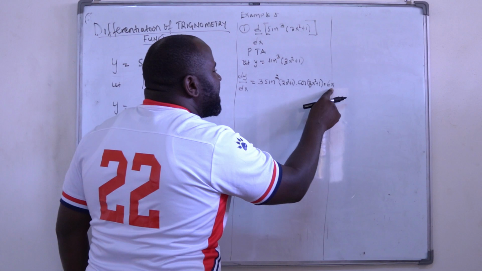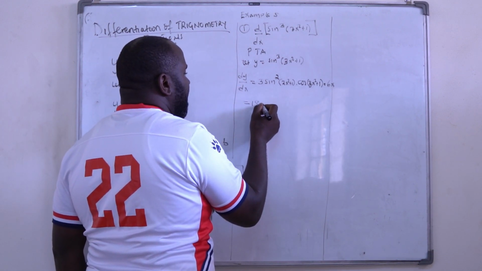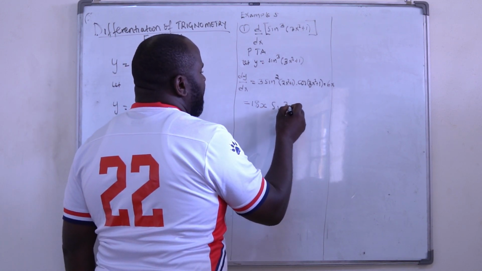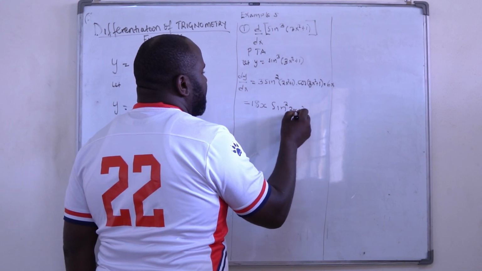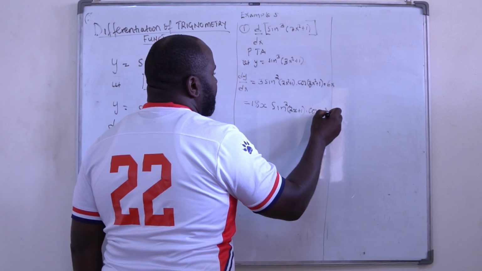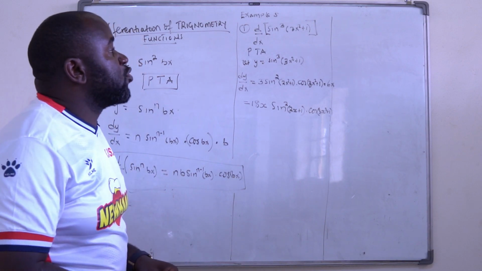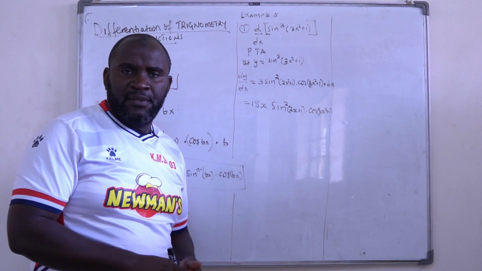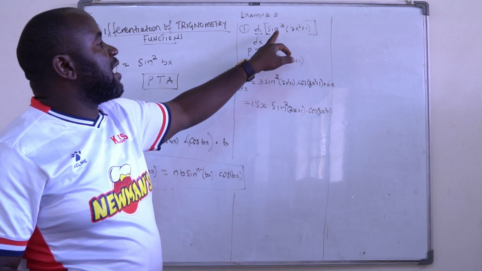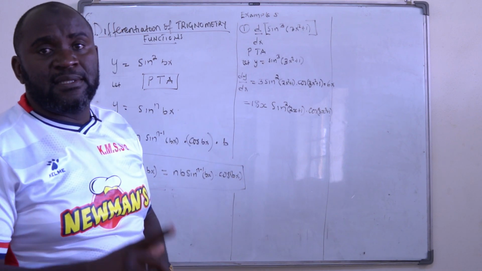So I will have to multiply the 6x with a 3, so the result becomes 18x. Then I'll have sine squared of 3x squared plus 1 times cos of 3x squared plus 1. And that will become our solution for such a problem. We have differentiated the function y, which is sine cubed of the angle in the bracket, which is 3x squared plus 1.